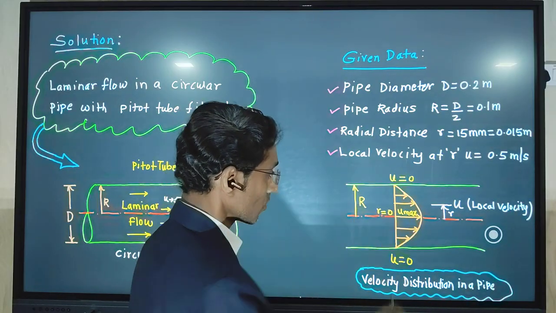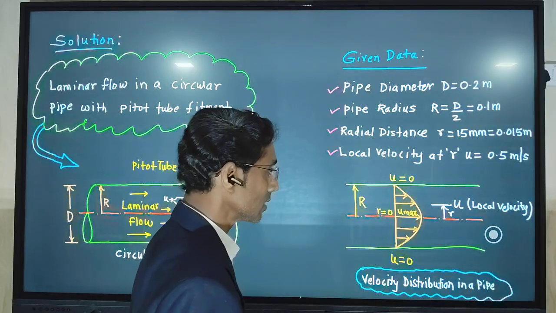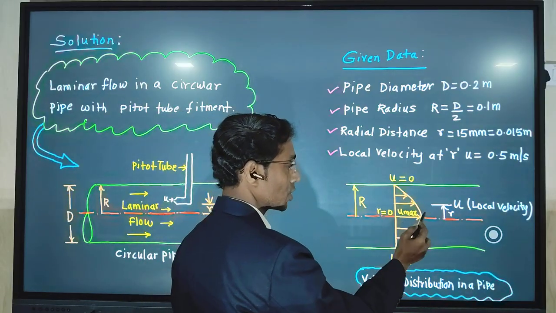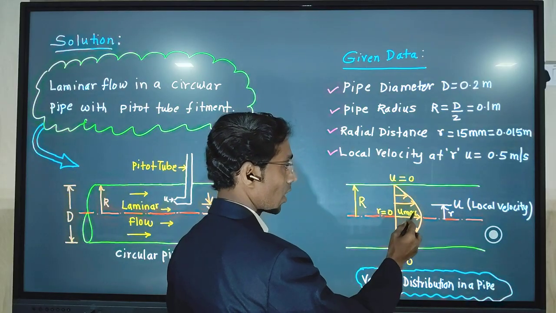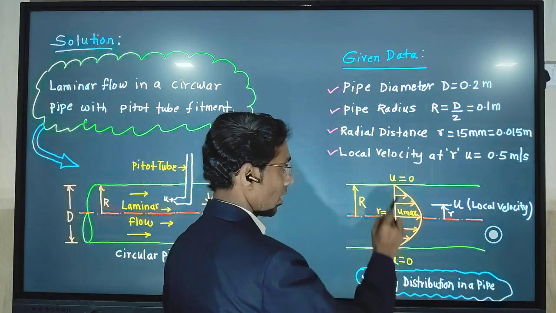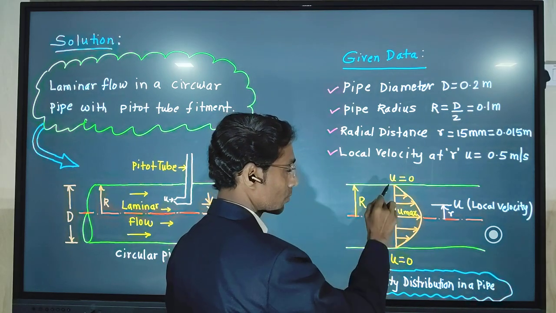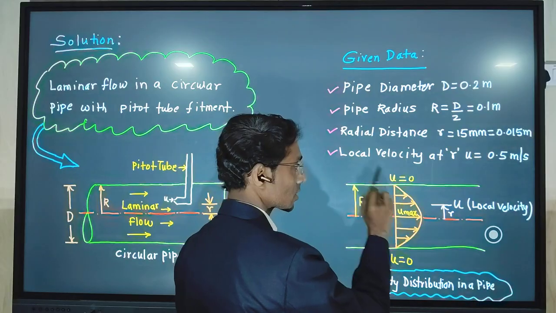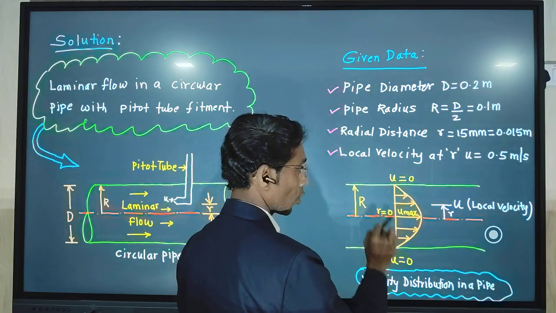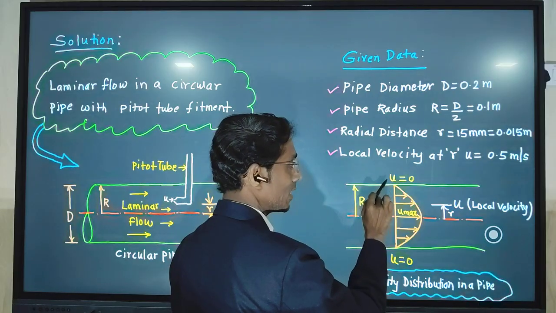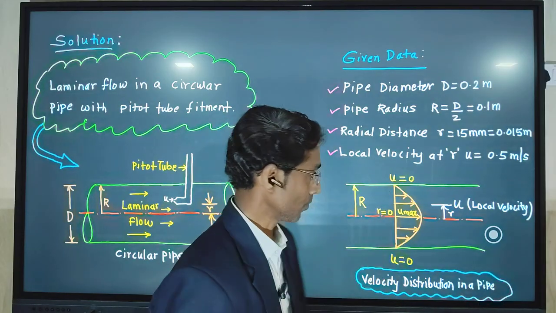As the distance from the axis radially toward the surface increases, shear stress is increasing, and that is why velocity is decreasing. At the contact surface of the pipe, maximum shear stress is found. So that is why at these two locations velocity ideally is zero. It is called the no slip condition.